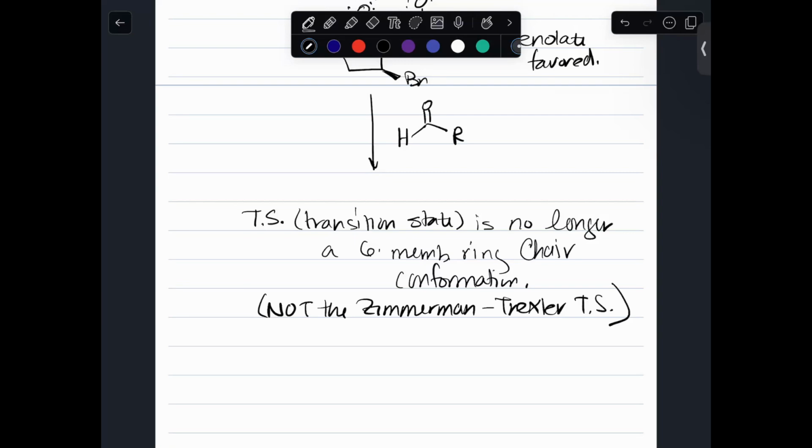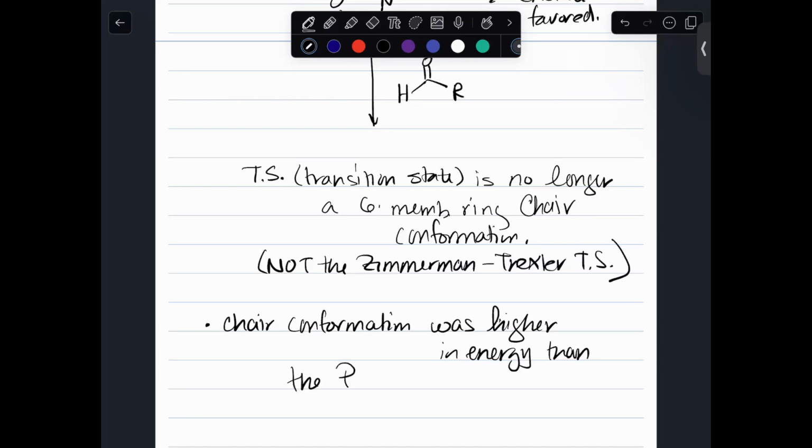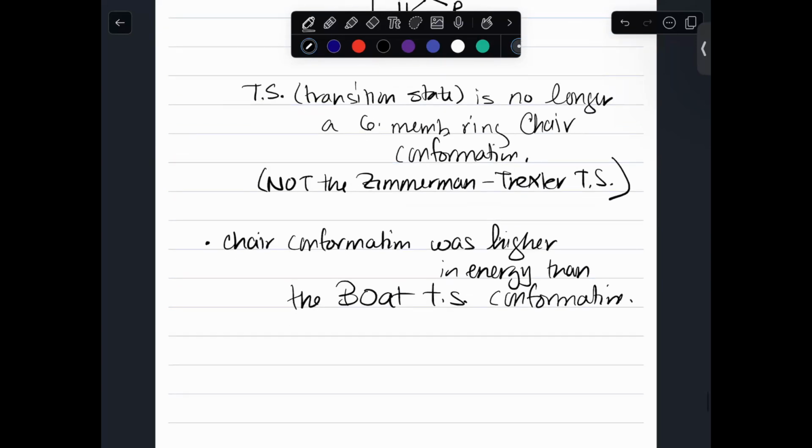And they did computational work. I want to say that this is in the Org. Lett. paper, not the JACS paper, but they did computational work. And what they found is that the chair conformation was actually higher in energy than the boat transition state conformation. And it was higher in energy by 2.5 kcal.